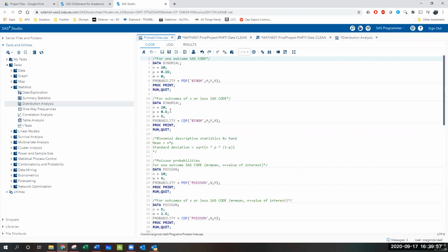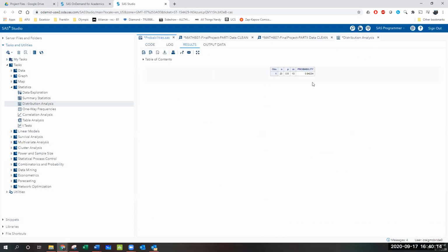Now for this question, our sample size was 20 and our probability was 0.5. The first one we need is 13. So we run that. And the CDF of 13 is 0.94234.